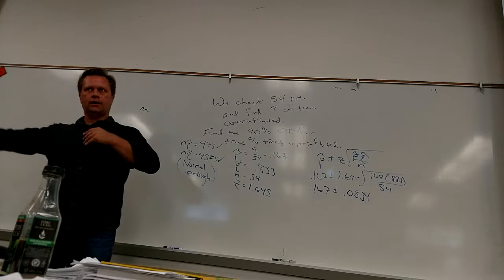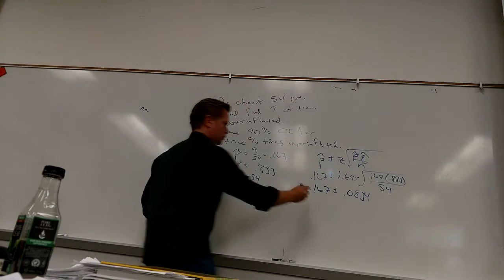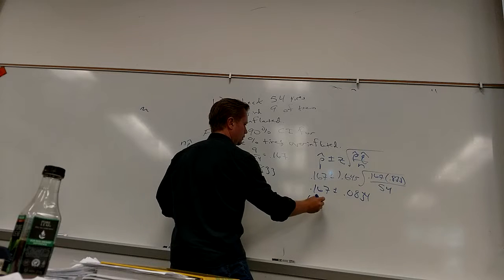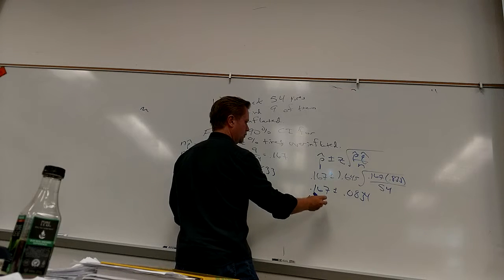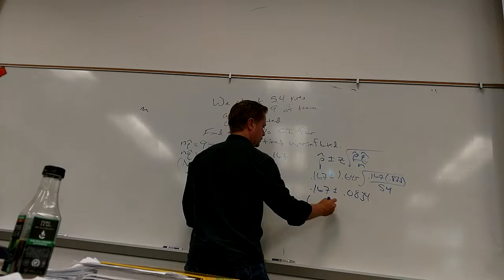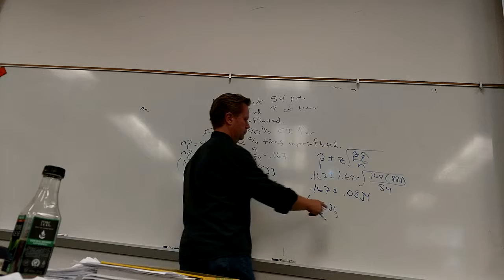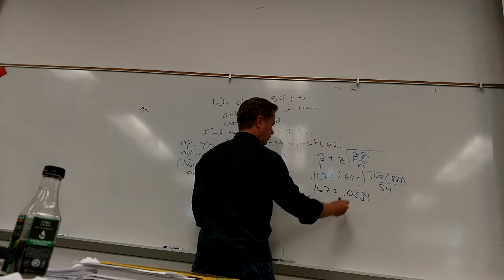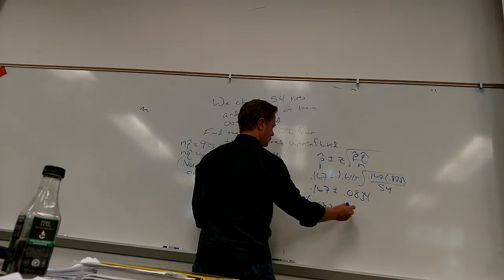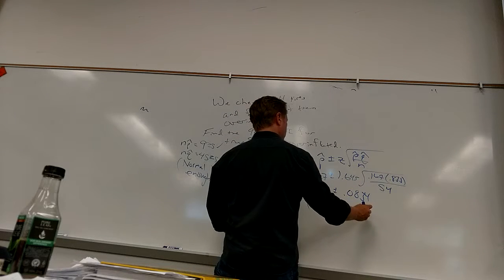And I just add that, subtract that to get the upper and lower part of the interval. All right, so if I subtract it, I get, let's see, 0.0833. Yeah, okay. And then when I add it, I get 0.2504.